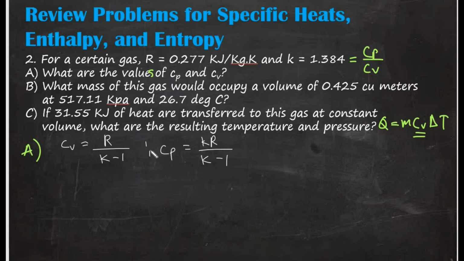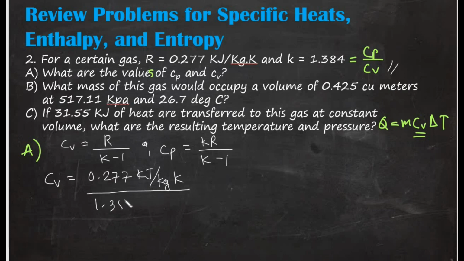After solving one of those specific heats, you can just use the equation K is equal to C sub P over C sub V. Let's say I decide to use R over K minus 1. So I have 0.277 kilojoule per kilogram Kelvin divided by K minus 1, so 1.384 minus 1.